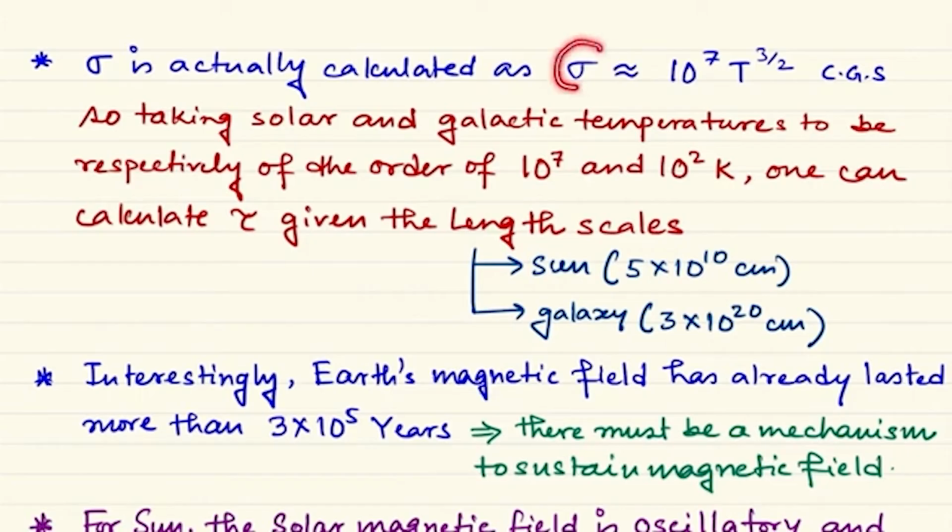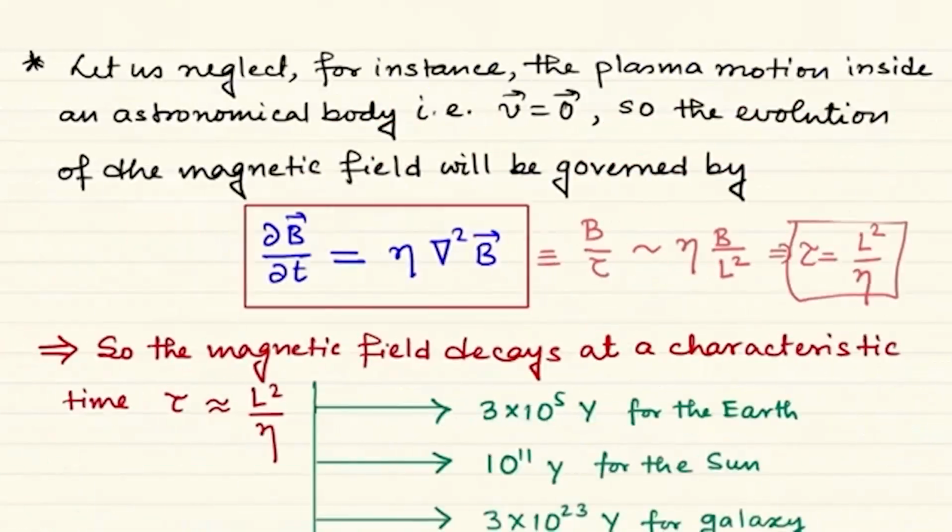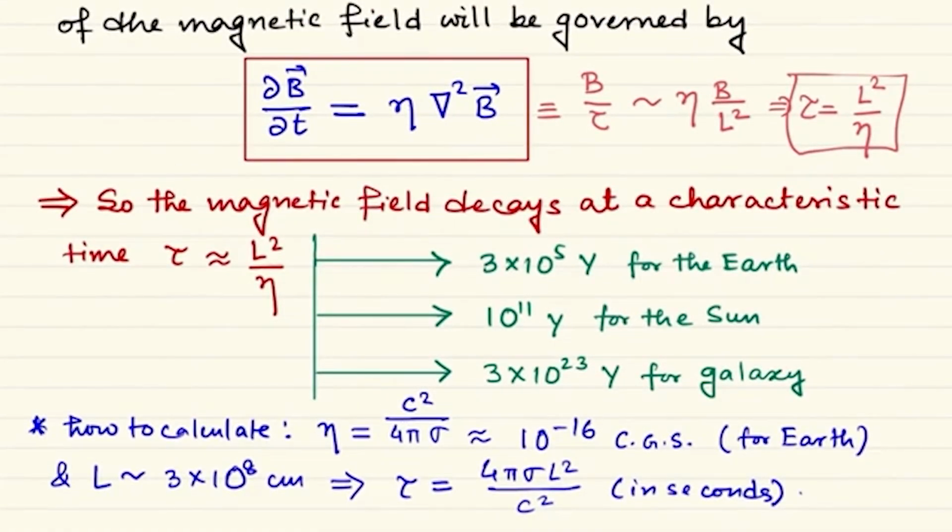What can be the temperature of Earth's core, or the Earth's central part, in order that sigma, which we know for Earth, is simply c square by 4 pi into 10 to the 16, because sigma's value for Earth is 10 to the 16 ESU.